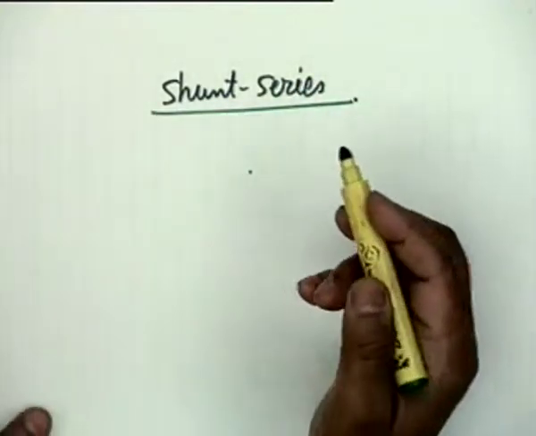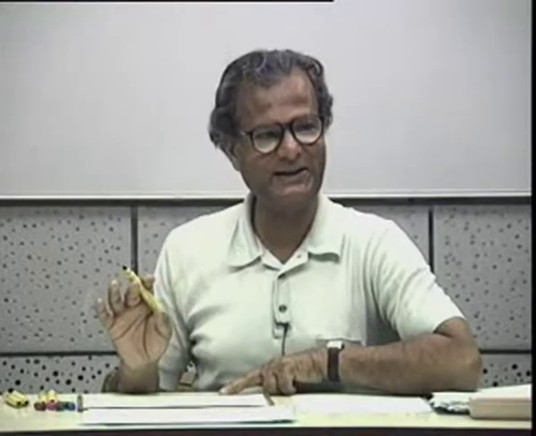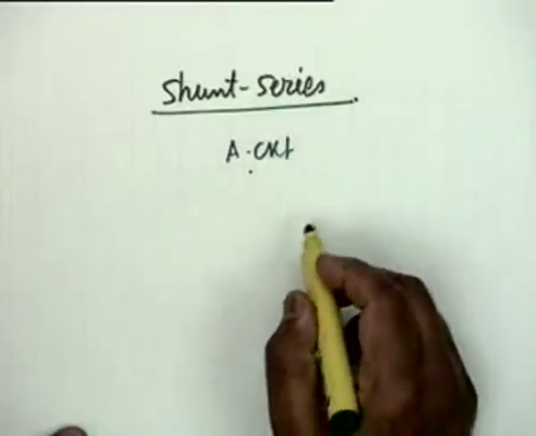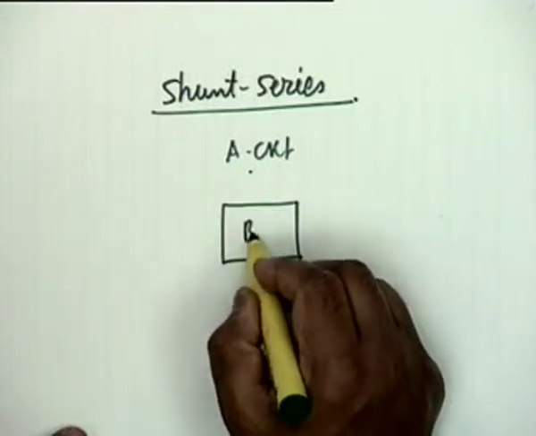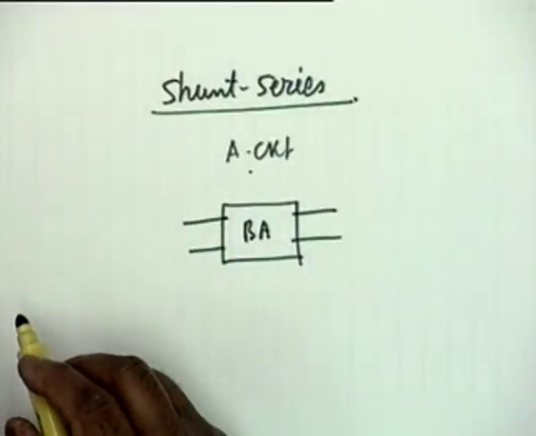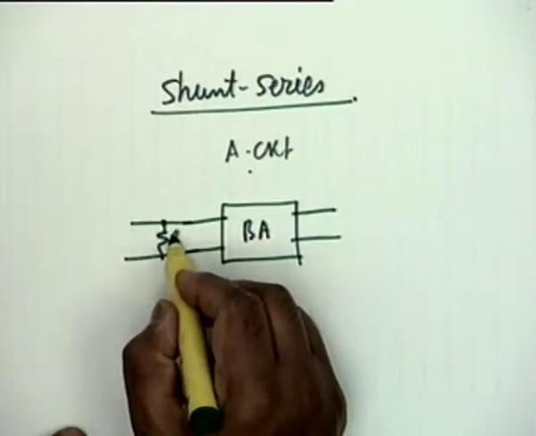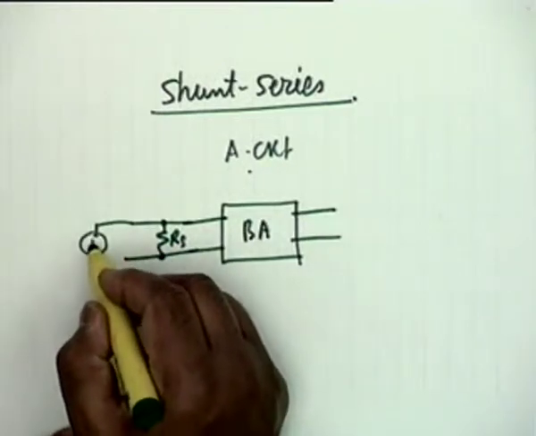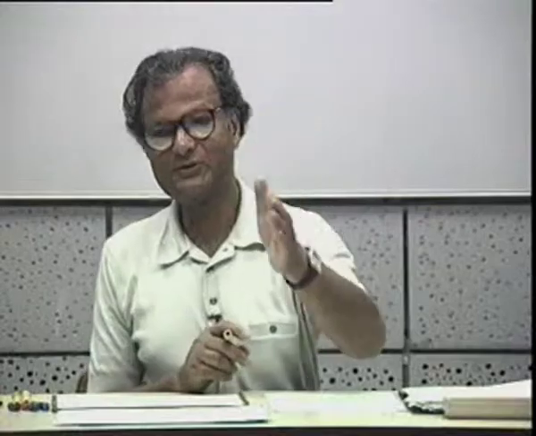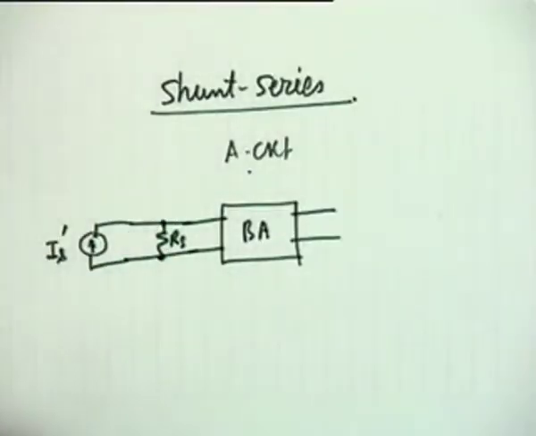Shunt series, which means that my A circuit, can I now draw the A circuit directly without drawing the practical circuit? A circuit, what shall it have? Basic amplifier. Since it is shunt series, current, and therefore what we shall have is RS in parallel, and it should be driven by current source. Let's say IS prime. If the original source was a voltage source Vs and Rs, then you have to convert them into the equivalent Norton source.